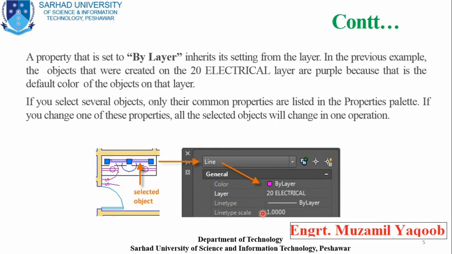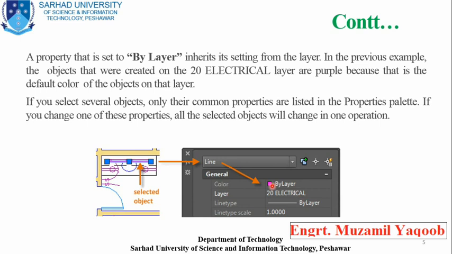A property that is set to ByLayer inherits its setting from the layer. It's a very important point to remember. In the previous example, the objects were created on the electrical layer, and over here you can see the layer name electrical and the color purple.